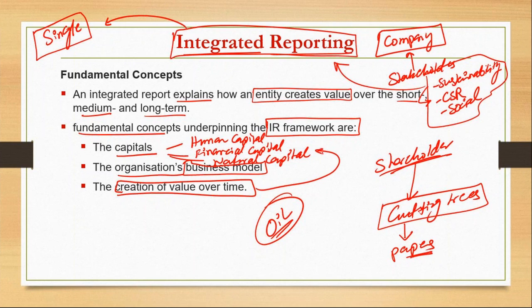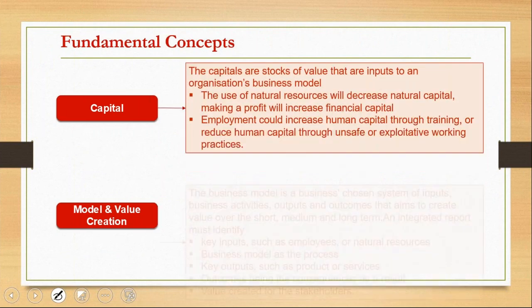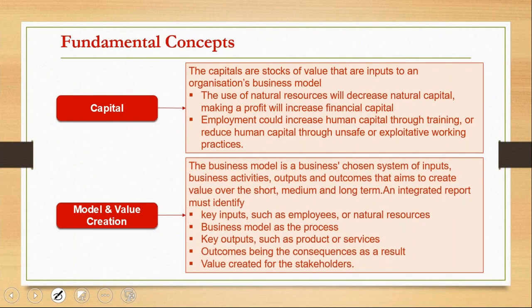How do we pay back to these capitals that we have used? So integrated reporting is a report where we tell what capitals are we using, what use do we make out of them, and how do we pay them back at the end of the year. So this was the basic concept of integrated reporting.